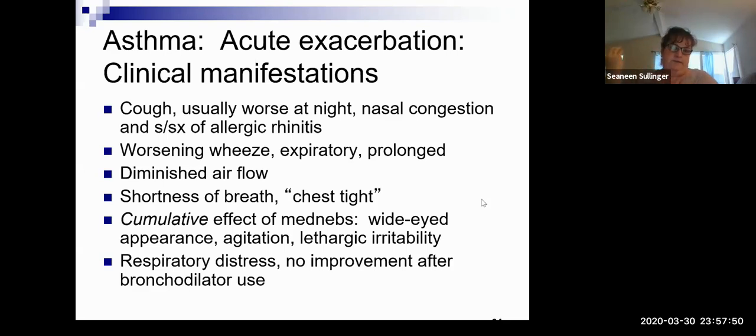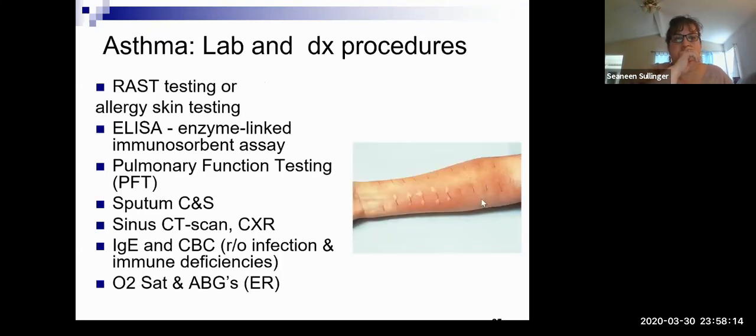It's a cumulative effect of having these continuous med nebs. They can be up to every hour. And then when you are in respiratory distress and you've used a bronchodilator, sometimes you don't have an improvement. Sometimes you have to intubate. And hopefully the person has been taking their regular long-term medications.